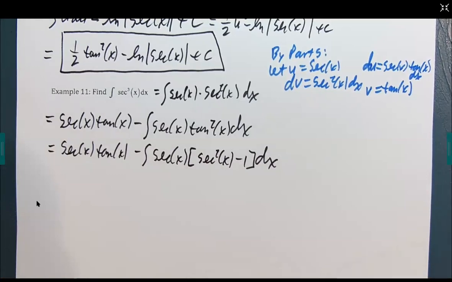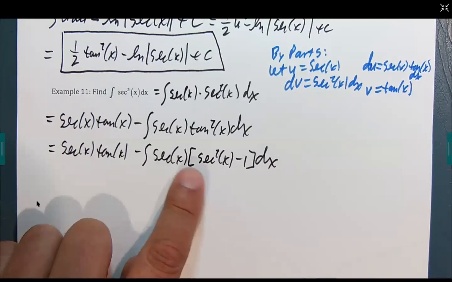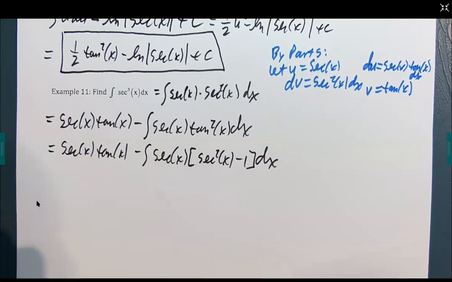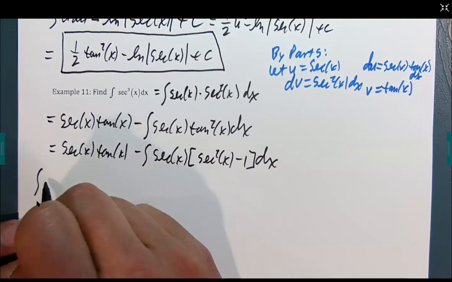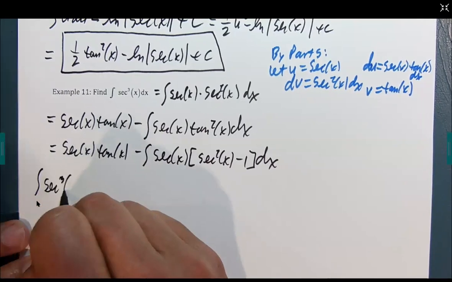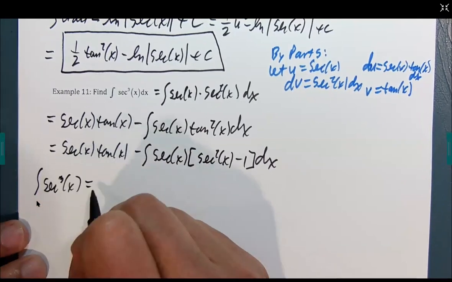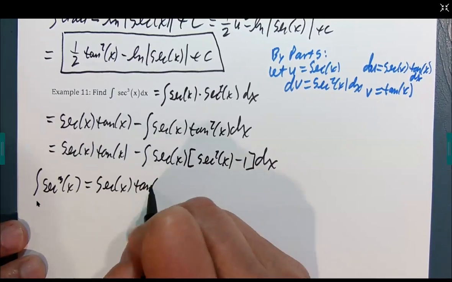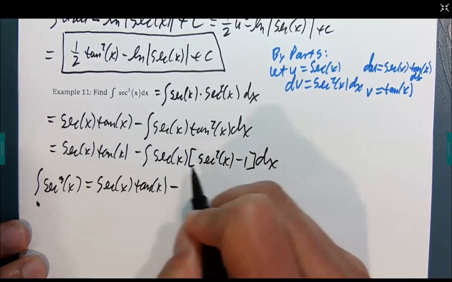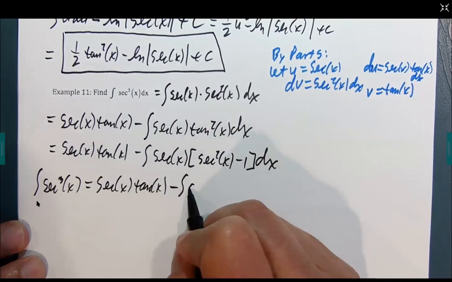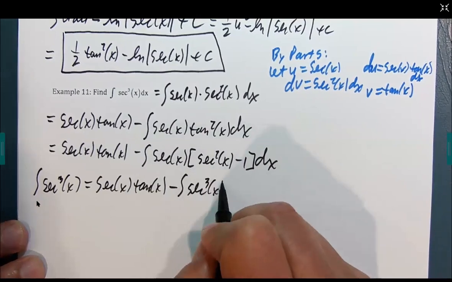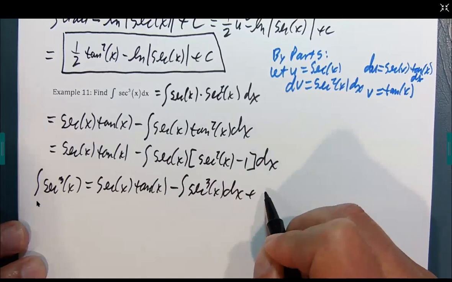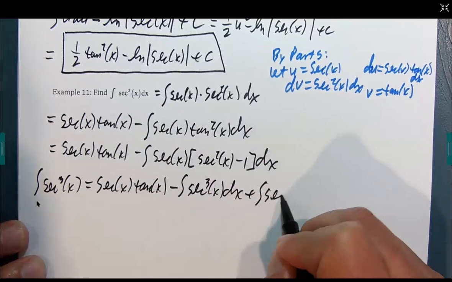And I'm going to distribute that and then break up the two integrals into two separate integrals. So we're saying the integral of secant cubed x equals secant x tangent x minus the integral of secant cubed x dx plus the integral of secant x dx.